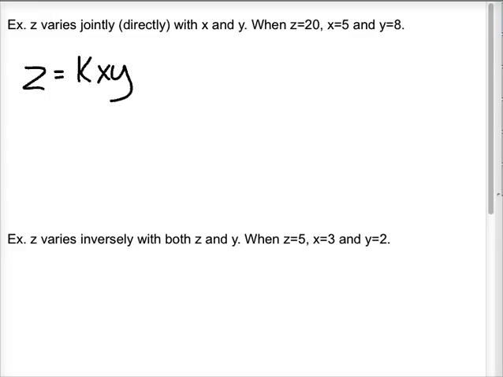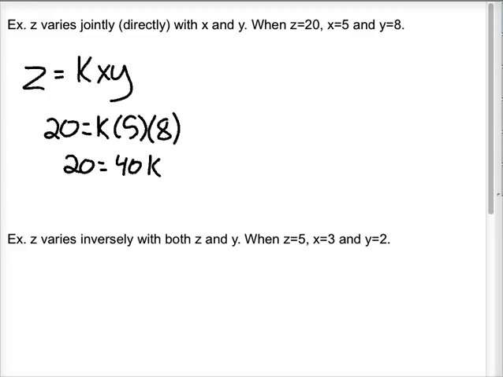So here it tells me z is 20 when x is 5 and y is 8. So 20 is 40k because 5 times 8 is 40. I divide that by 40 and I get my k is 0.5.